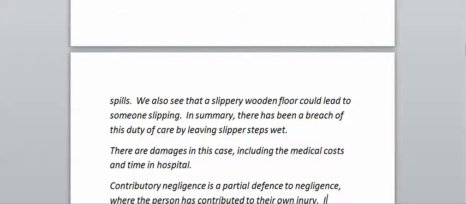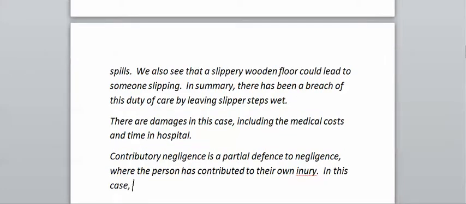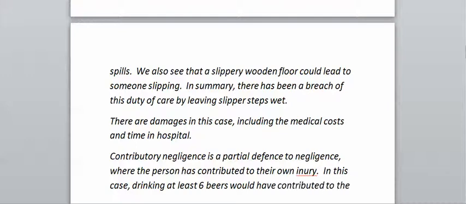Okay. In this case, drinking at least 6 beers would have contributed to him falling on the stairs. So now you might say, what does that mean for the guy taking the case?